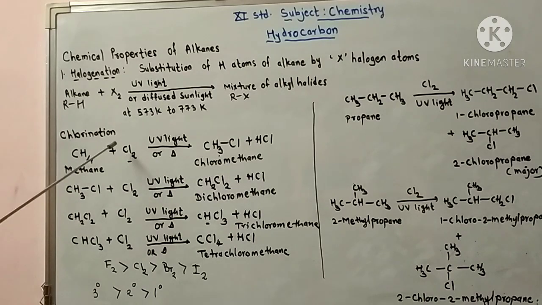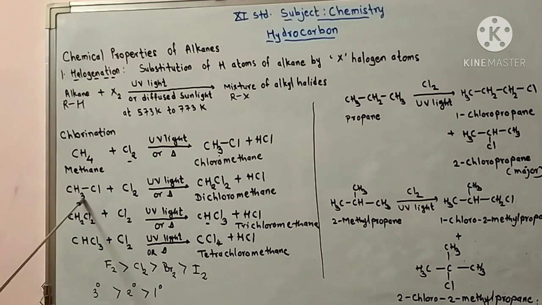In the first reaction, if excess chlorine is used, the reaction proceeds further. So CH3Cl, that is chloromethane, plus Cl2 in the presence of UV light or high temperature, we get CH2Cl2 plus HCl, that is dichloromethane.